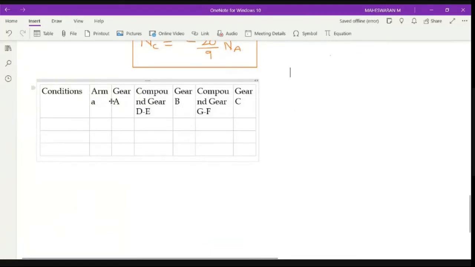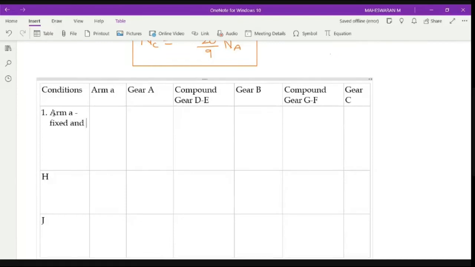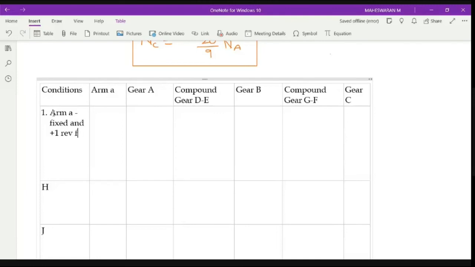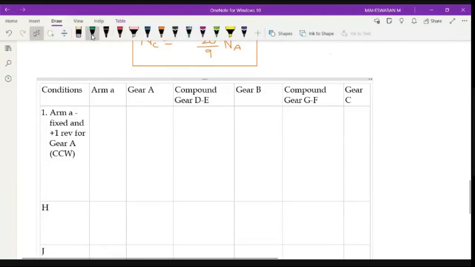Okay, so what is the condition? Arm A is fixed and plus 1 revolution for gear A. When I say plus 1, it is counterclockwise, right? So in that case, what are the things you will get? I will get 0. This will be plus 1.